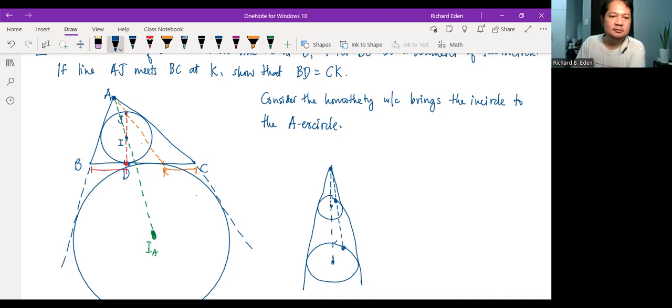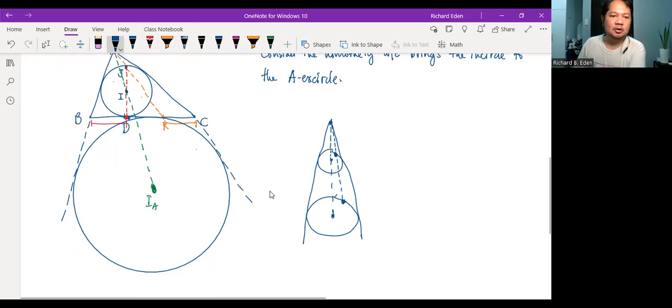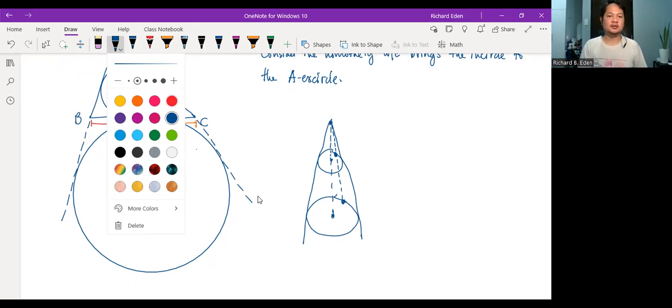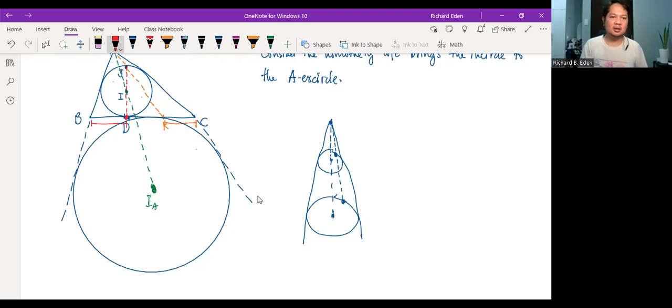So if you look at nung diameter ng small circle, it would be mapped towards a diameter of the larger circle as well. All right, so nung D, so ito. So dito siya mapupunta.